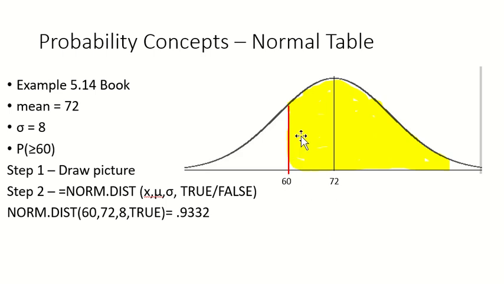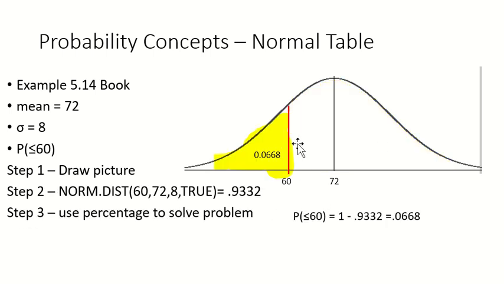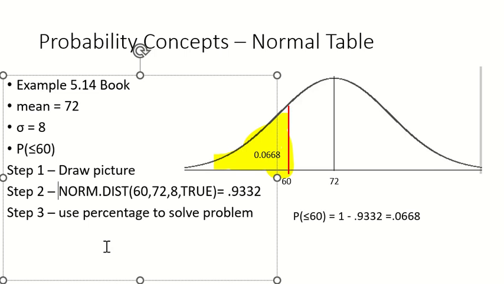We can either choose a value and take above this amount, or we can choose a value and take the value below it. Since Excel calculates the percentage above, let's assume that instead of greater than 60 points on this manager's test, we're looking at less than. We draw it, and look at the area that we're interested in, which is this smaller area.